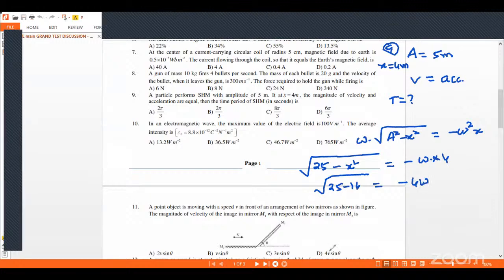Okay. So 25 minus 16 is 9. Under root 9, we can write as plus or minus 3. Omega equal to what? 3 by 4. Right?